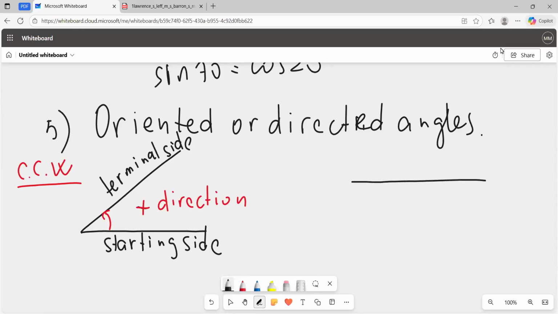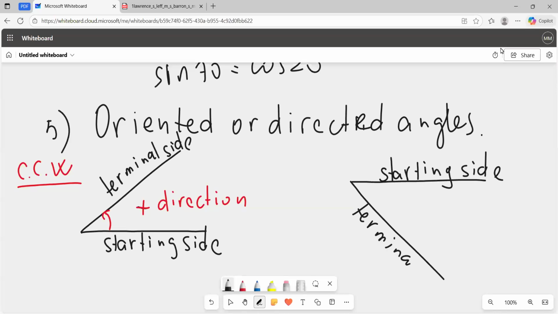And if we have such an angle, and let us consider that this is the starting side and this is the terminal side, and this direction is the negative direction.